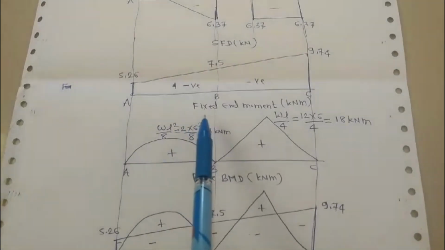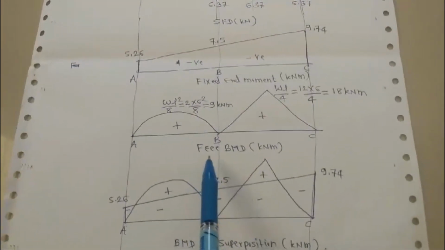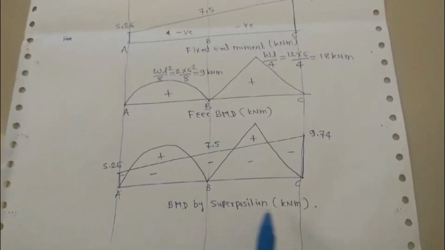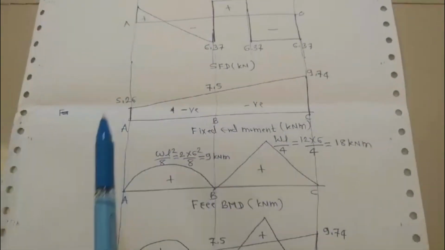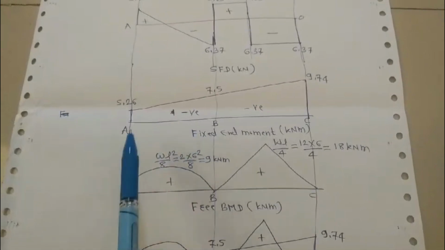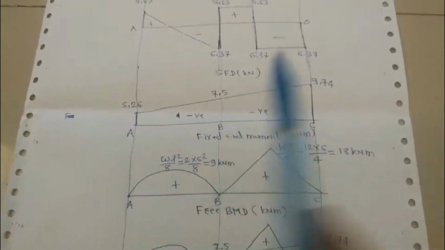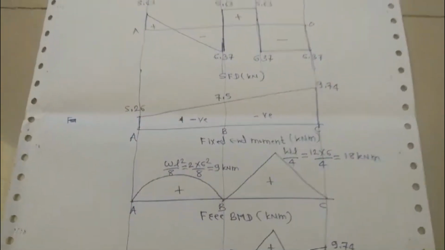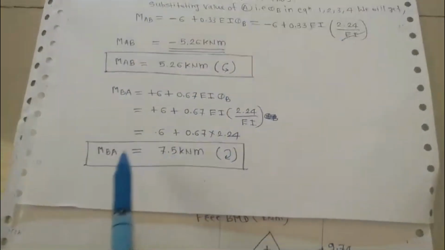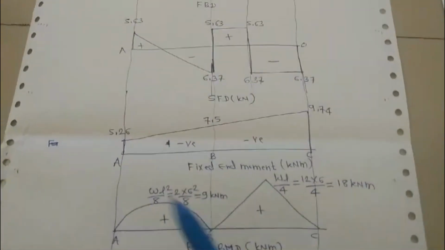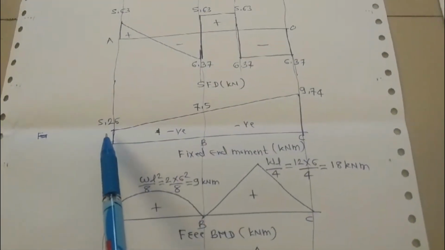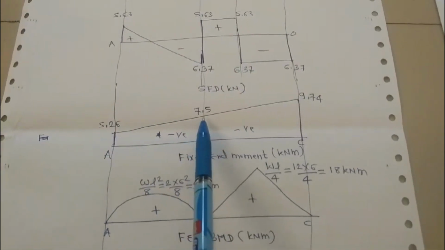Now you can see the bending moment diagram. First we will draw the fixed end moment diagram, after that the free BMD, and after that the BMD by superposition. For the fixed end moment diagram, you can see MAB was your final end moment, 5.26, and MBA was 7.5.